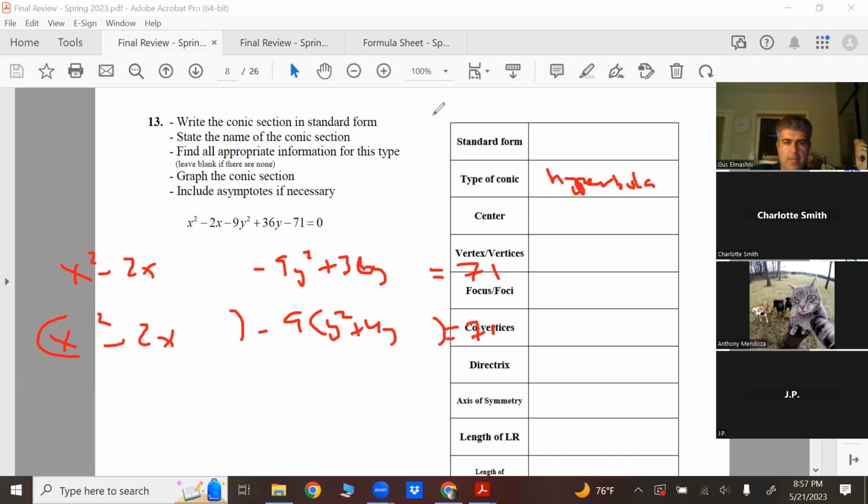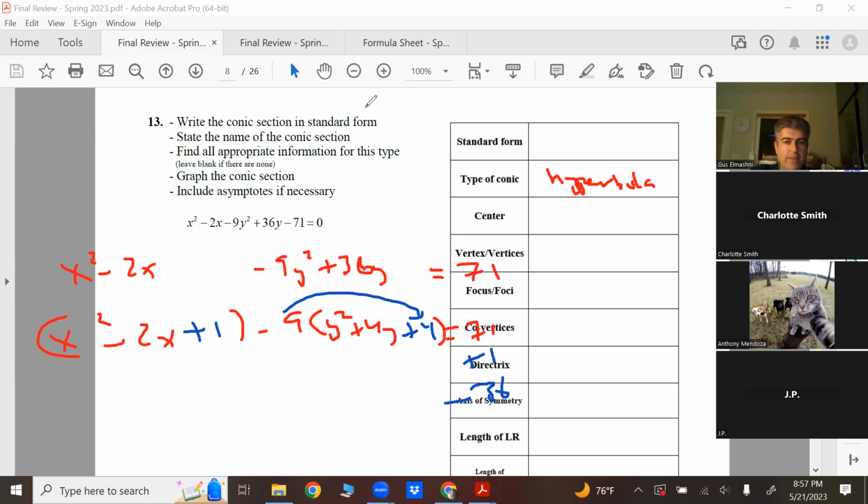Now what I'm going to do is I'm going to take half of the linear coefficient and square it. Half of -2 is -1, that squared is 1. Half of 4 is 2, that squared is 4. So you add 1, however, you do not add 4 to the right, you add -36. The reason why is because what you really introduced was -36. You put -9 back in, because you have to guarantee that if you put -9 back in, you get back to the original form. But because now there's a -36, I better put -36 on the other side to keep it balanced.